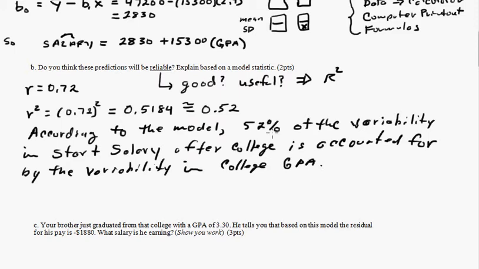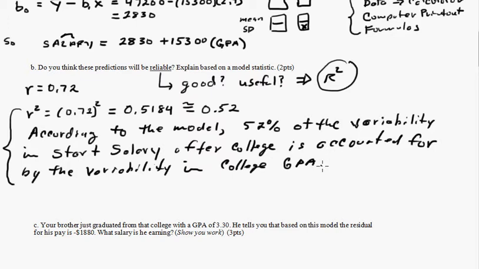If you said this might serve as a reasonable model, I took that as an answer, because this was really what I was after. Are you able to realize that we need to use R squared and you need to interpret R squared? That was the key point.